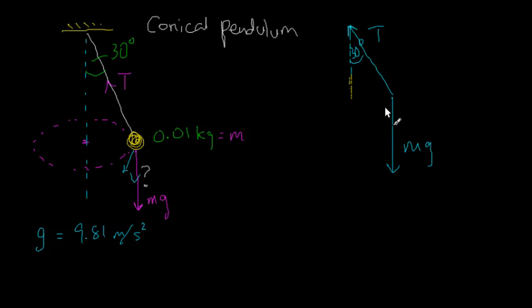I would complete this side by drawing a line parallel to that. Once I've done this, the resultant of these two forces must be a force that joins this corner to that corner of the parallelogram. So this must be my force.